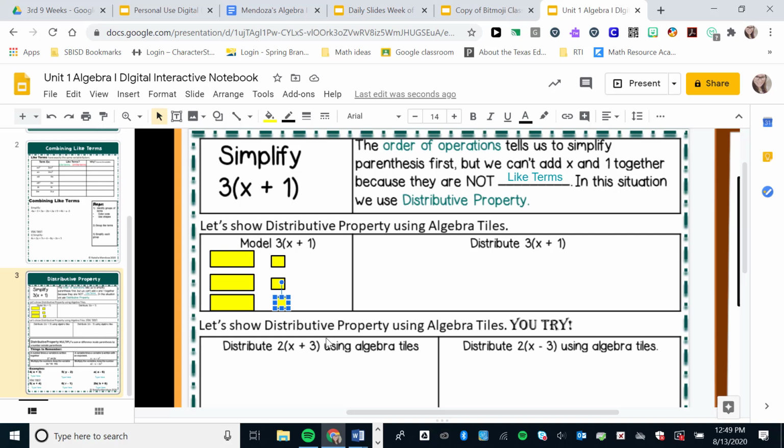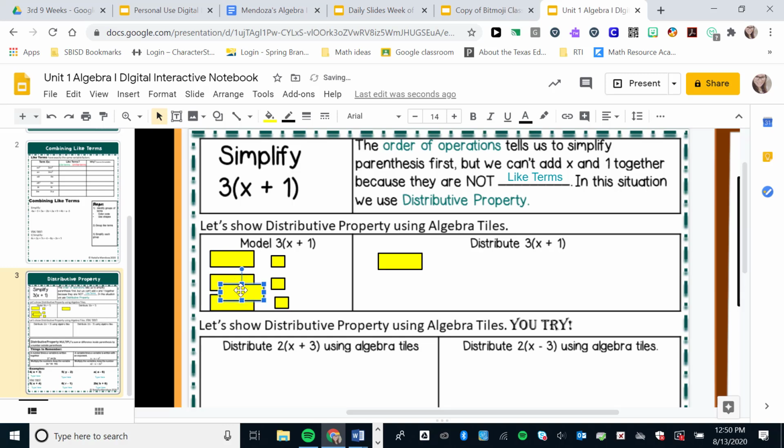Now it's asking me to distribute. That means that I'm going to break up my x's and break up my 1s. So instead of having 3 groups of x plus 1, I'm going to move this over, and you can actually see it there, right?